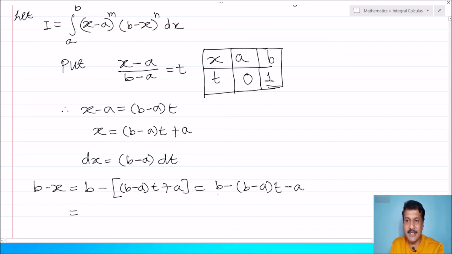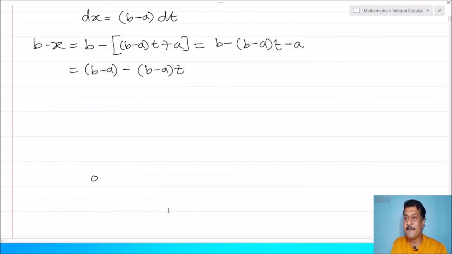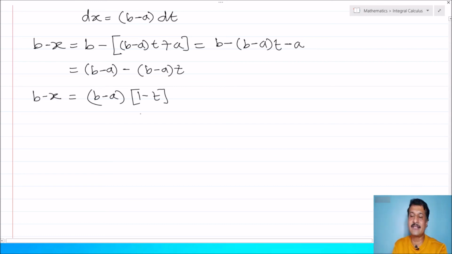Same thing, I can collect this b and this minus a together, and that is why b minus a minus b minus a into t. Common out b minus a. So I am getting here b minus a common, in bracket 1 minus t. So therefore b minus x I can consider b minus a into 1 minus t.